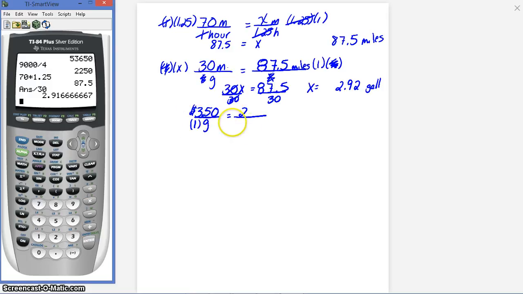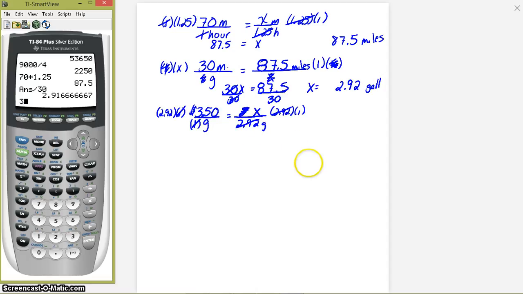I use 2.92 gallons, and I want to know how much money she's going to spend to be on the highway. Multiply both sides by 2.92 and 1. My 1's cancel, my 2.92.